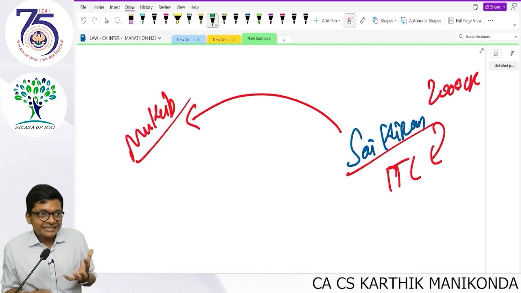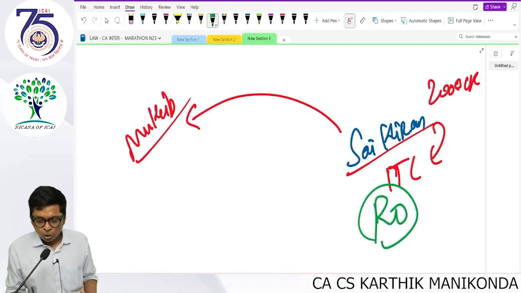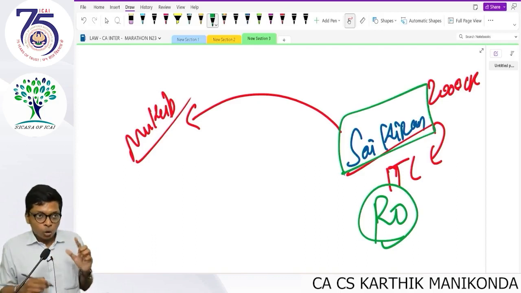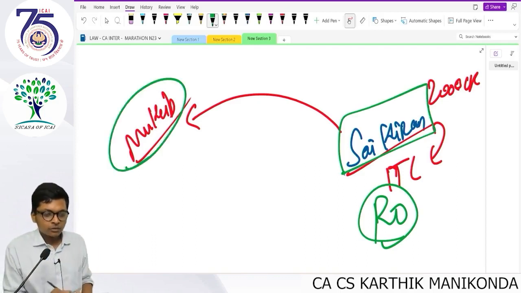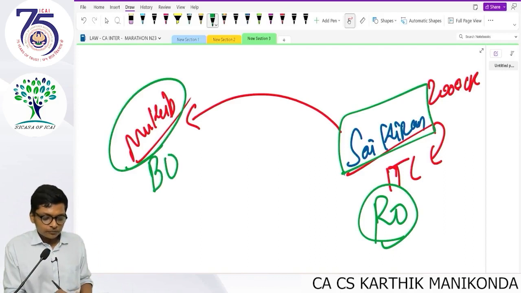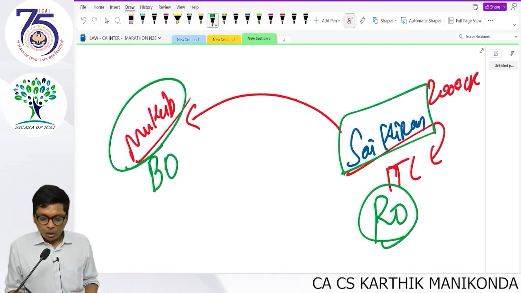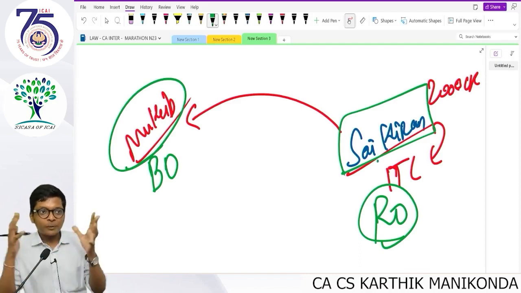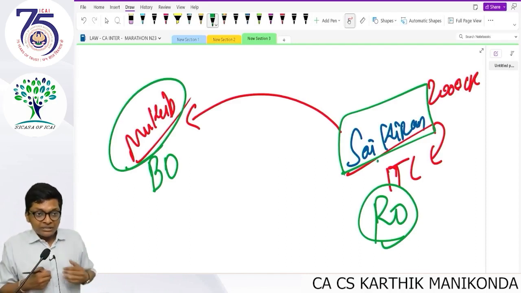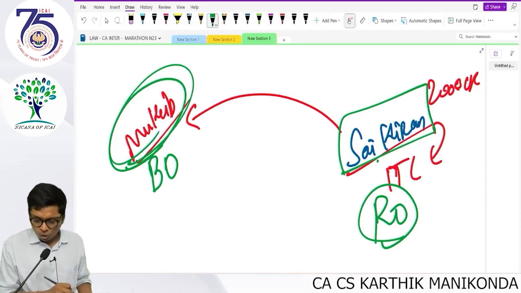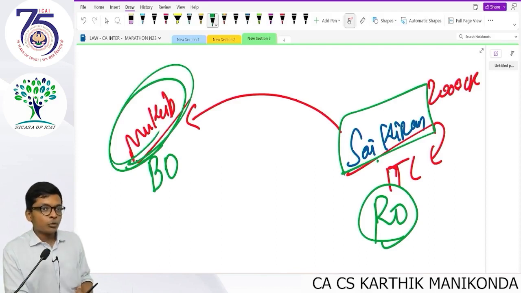So the registered owner, whose name is in the register of members, is different from whoever is getting the dividend, who is called the beneficial owner. So even though Sai Kiran is the main owner, the bonus, rights and dividends on the share will go to Mukesh. Mukesh will enjoy all the benefits.